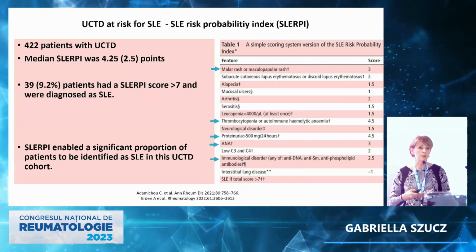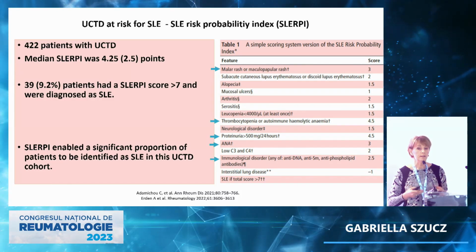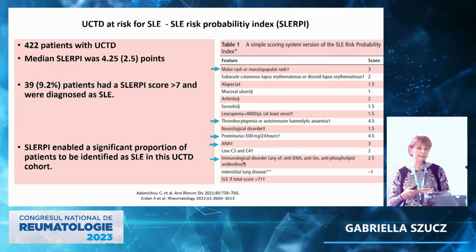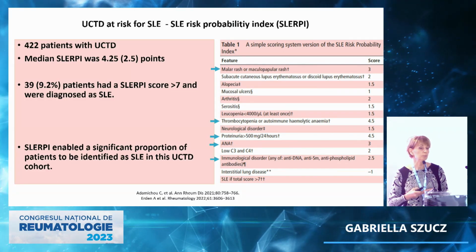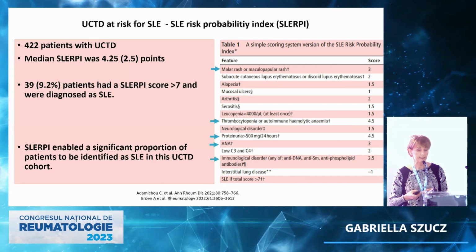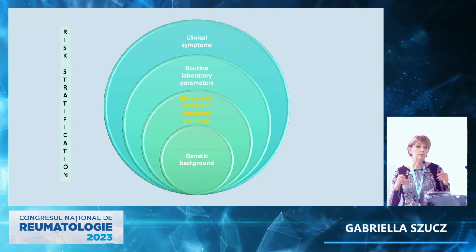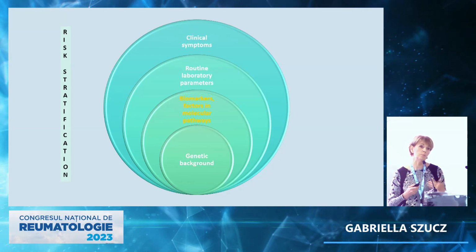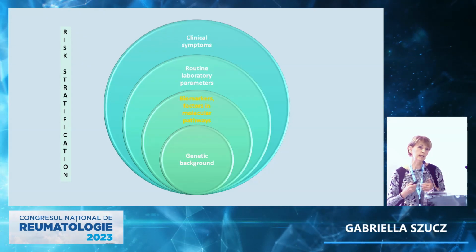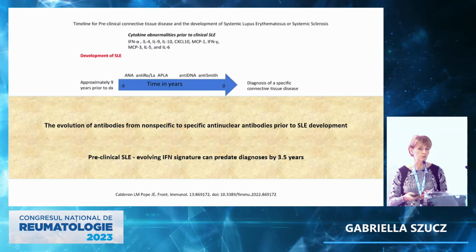These parameters got the highest score. So this SLE risk probability index enabled a significant proportion of patients to be identified as SLE in these UCTD cohorts. We collect the clinical and routine immunoserological parameters, but do we really have good biomarkers for evolution?